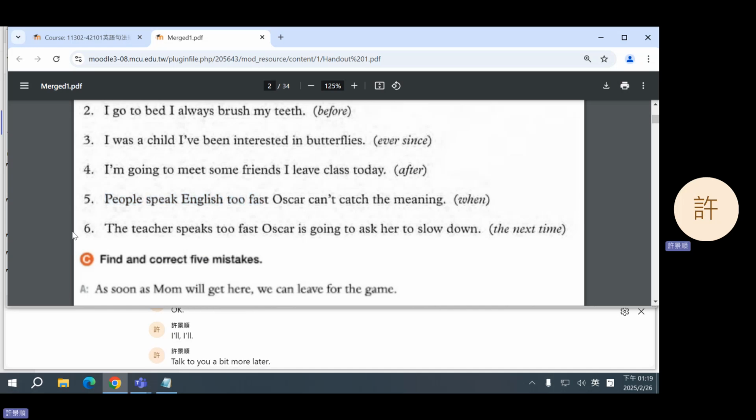Number 6, the teacher speaks too fast. Oscar is going to ask her to slow down. 赵子红. Number 6.